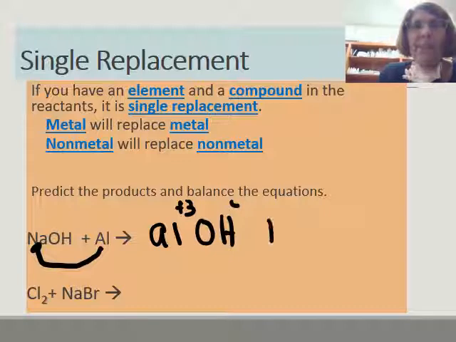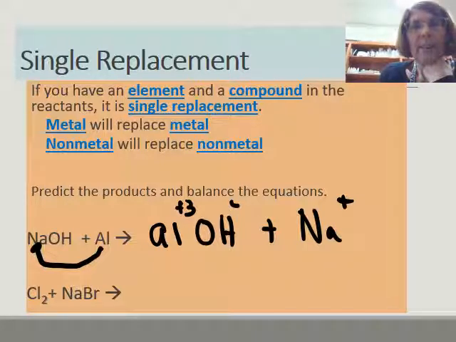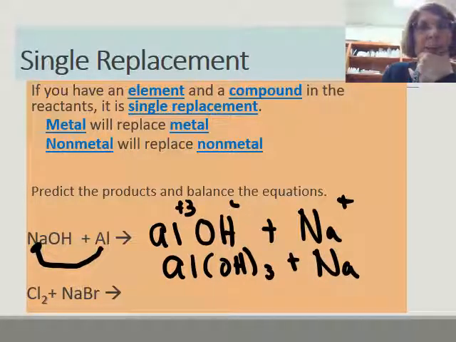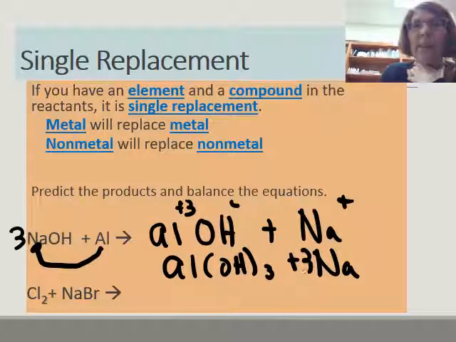It kicked out the sodium, so we have sodium with a +1. This is going to crisscross. So we have Al(OH)3 plus sodium. Now I have to go back and balance the whole thing. We're going to put a 3 there because we have 3 hydroxides. When I put the 3 there, it's going to make 3 sodiums.